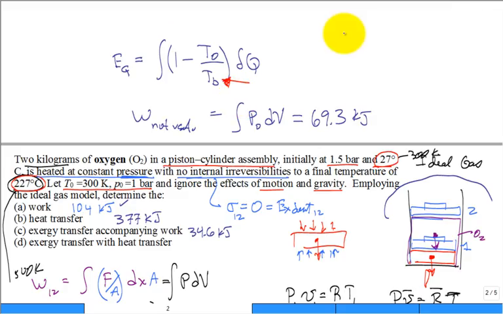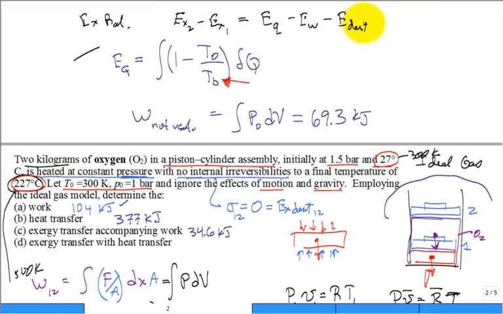So they go to a not first principle way to calculate the exergy transfer with the heat transfer. They go back to an exergy balance. The change in exergy, the final exergy minus the initial exergy during that process, is equal to the exergy transferred in with the heat during the process, minus the exergy transferred out with the work during the process, plus or minus the exergy being destroyed during the process.